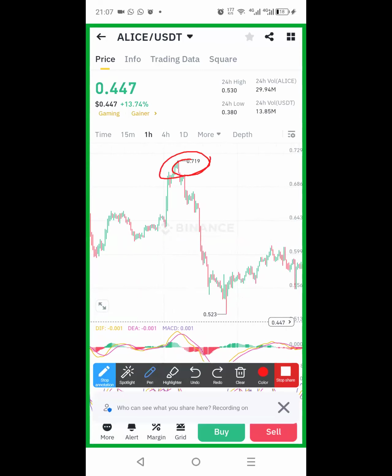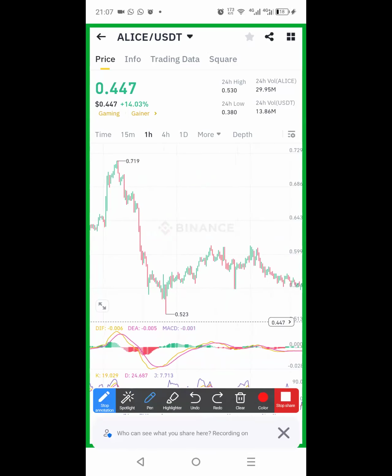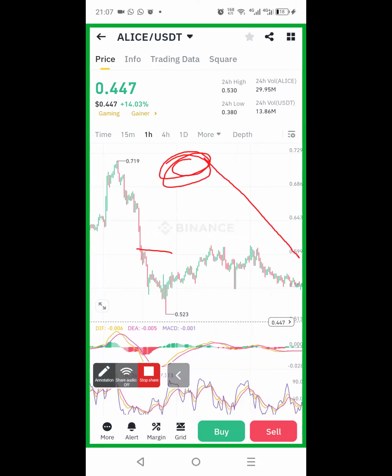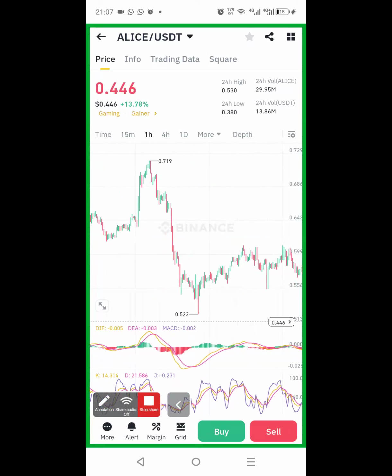The coin is coming down on a downtrend, but this is a 1 hour time frame. We are not using just the 1 hour time frame. So this coin is coming down in a downtrend movement.